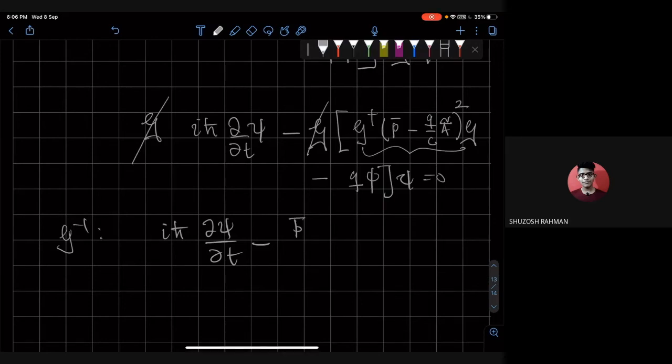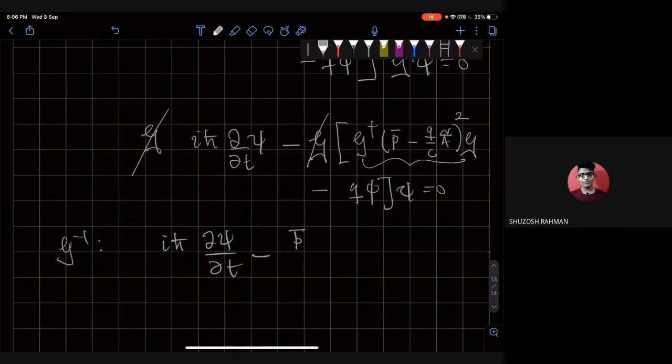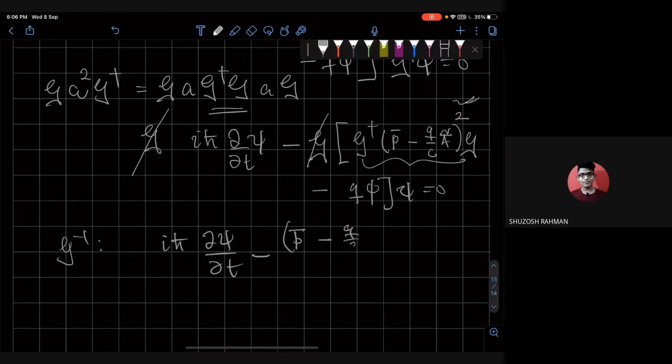Of course, if you have an action on an operator like this, then this is the same thing as G dagger G, the inverse of G, A of G. So the fact that there's a square here is not a problem. And then this becomes (P minus Q over c A) squared, and then minus Q phi of psi is 0.